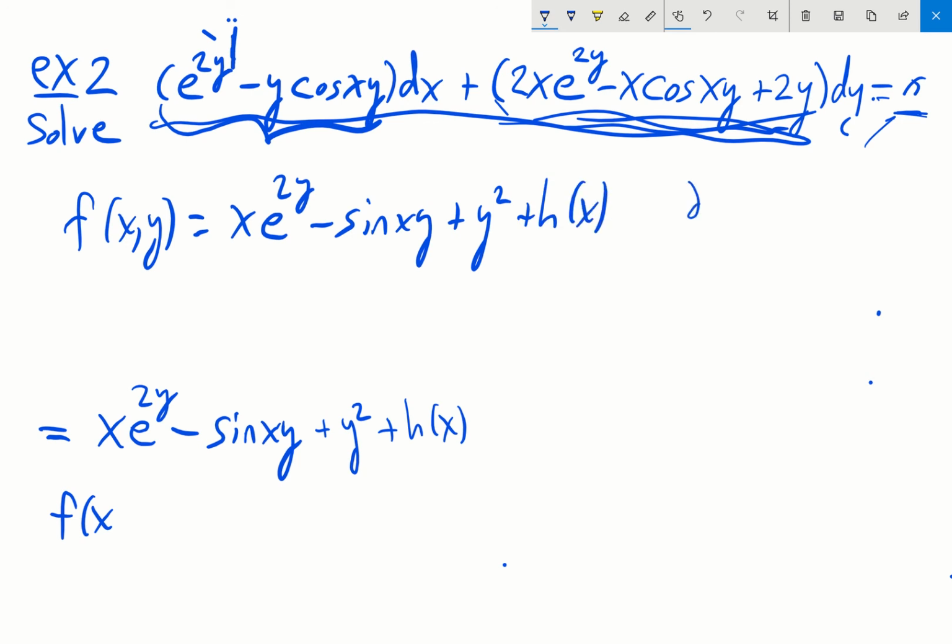Well, what we know is that we just integrated that previous expression. We integrated N with respect to y to get f. If we now take that and differentiate it with respect to x, then that should give us that function M of x comma y. So if I integrate with respect to y, now I'm going to differentiate with respect to x.